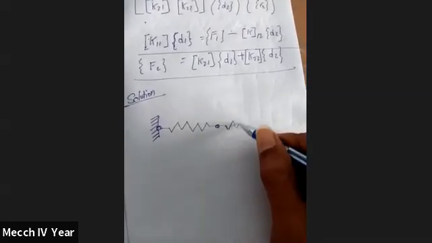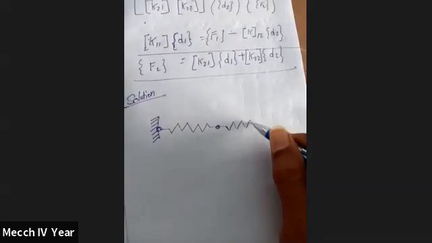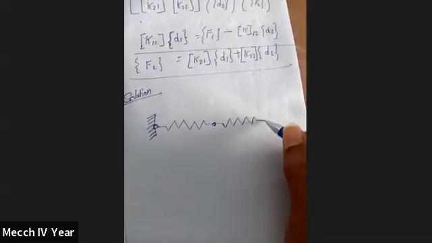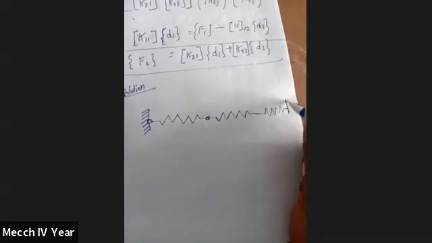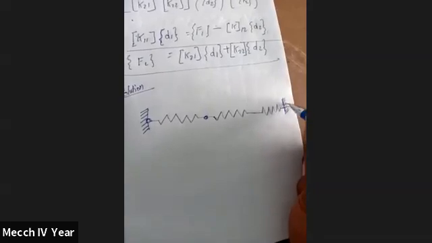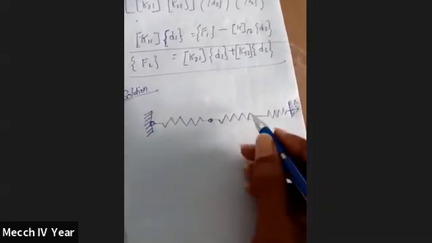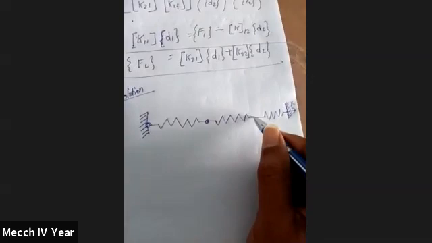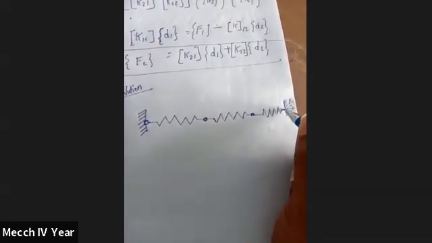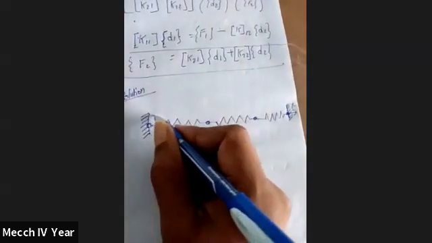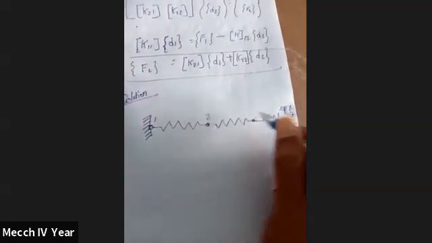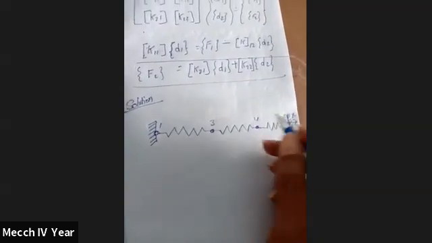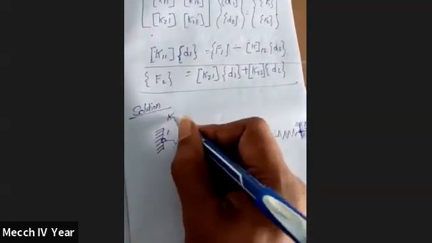This is the given data. Both ends are fixed. Now here is the x-axis, and in between here also one node is there. The ends are also nodes. This is 1, this is 2. Now here is coming from 3. This one is 4.